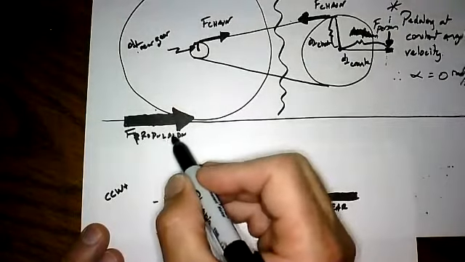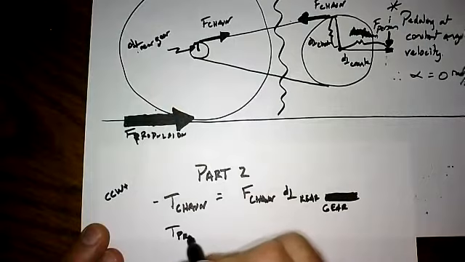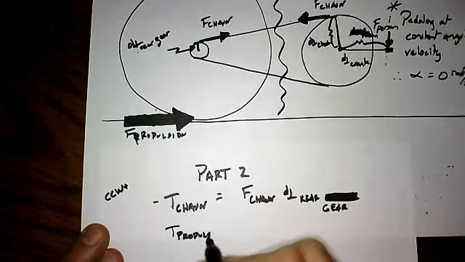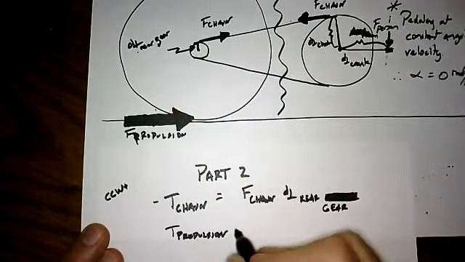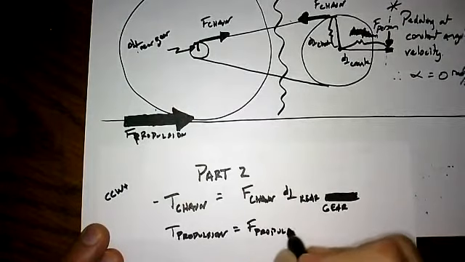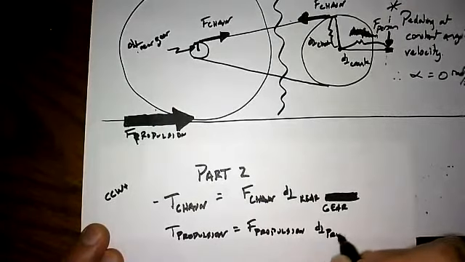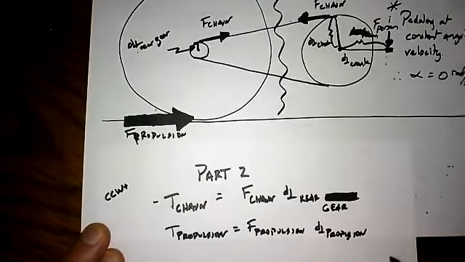What other torque do we have here? We have torque due to the propulsion force. That's equal to the magnitude of the propulsion force times the moment arm of the propulsion force. Where's the moment arm?